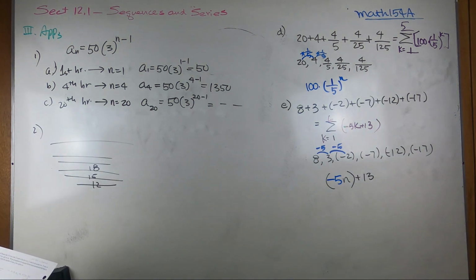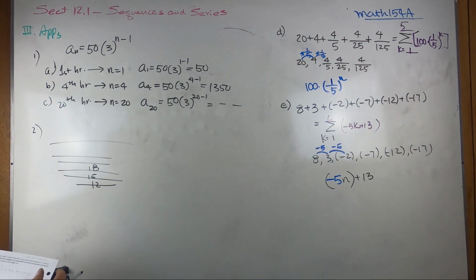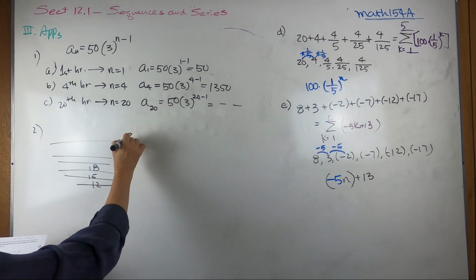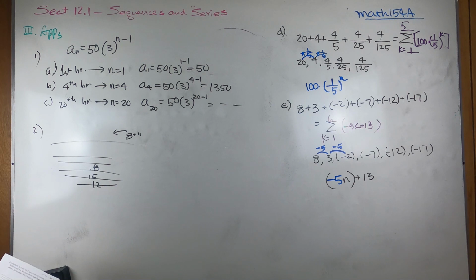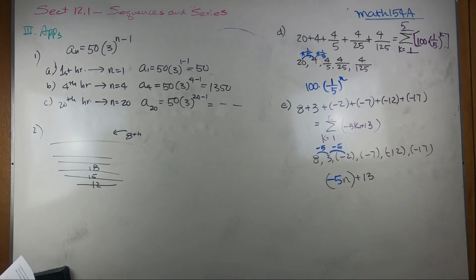Then find the number of seats in the 8th row. Write the sequence, see how it looks.